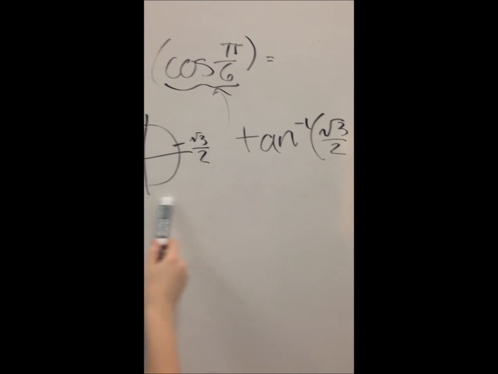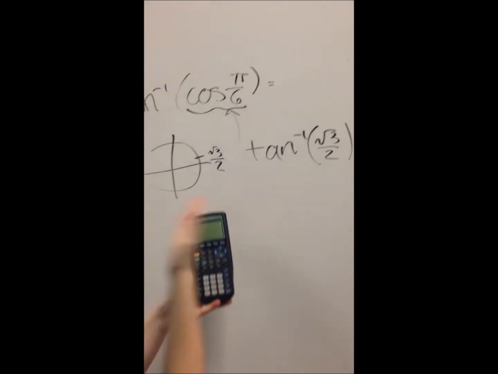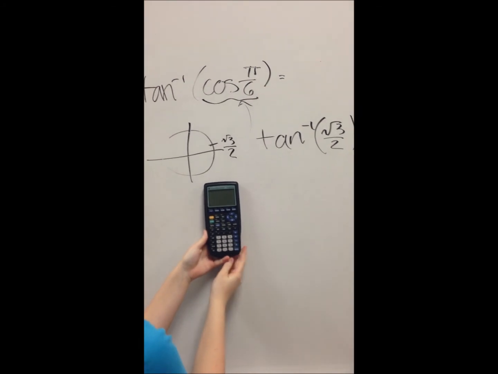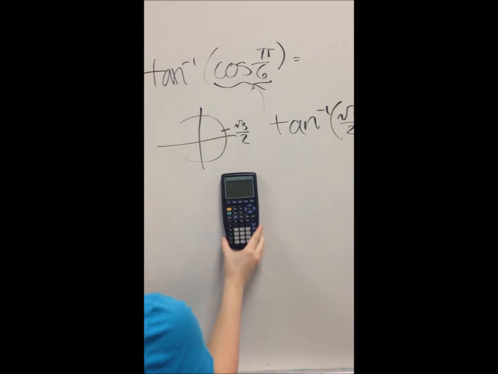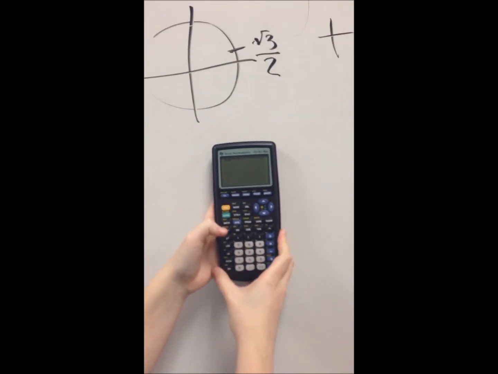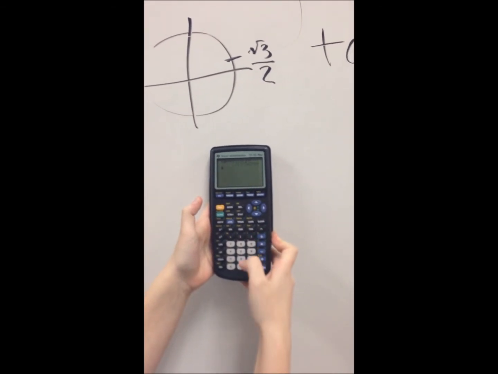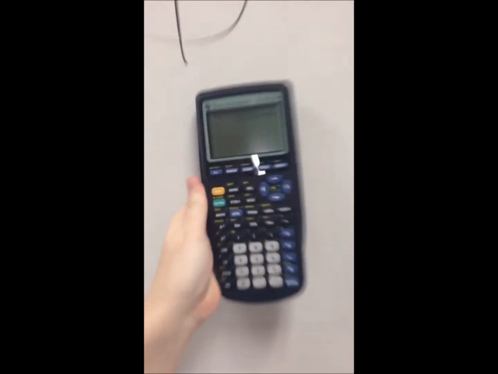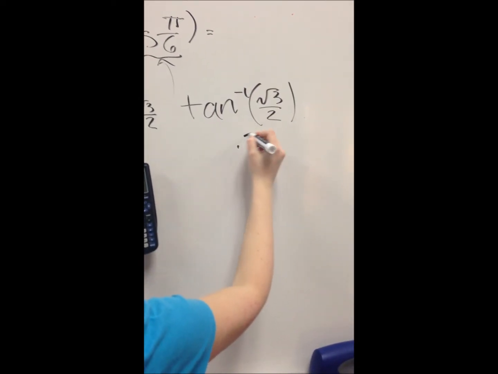It's not on the unit circle, so you're going to need to use a graphing calculator. The first thing you need to do is make sure that the mode is in radians for all test questions. Then you press second tangent so that you get the inverse tangent of square root of 3 over 2. The answer you're always going to round to the first 2 digits, so the answer is 0.71.